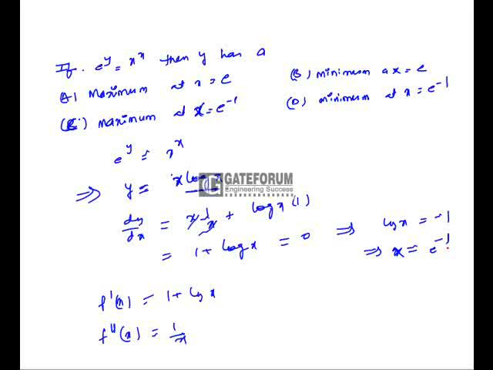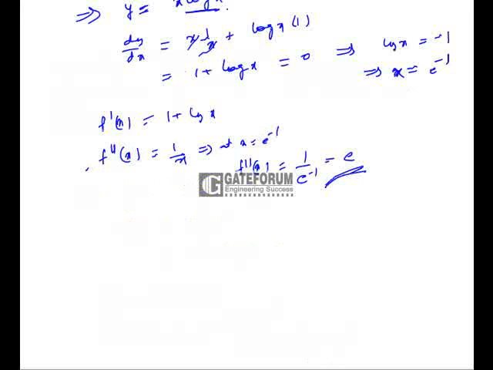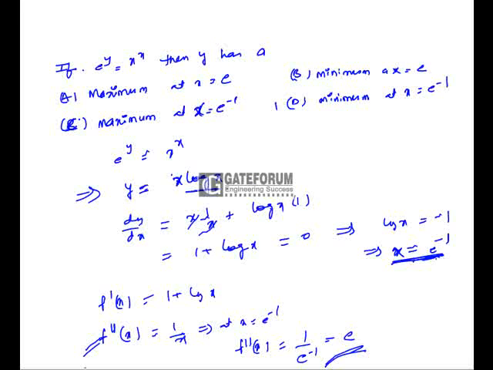At x is equal to e power minus 1, f double dash x is equal to 1 by e power minus 1, which is e. So this is positive. If f double dash x is positive, then that function will be having minimum value. Minimum value at x is equal to e power minus 1. That is option D.